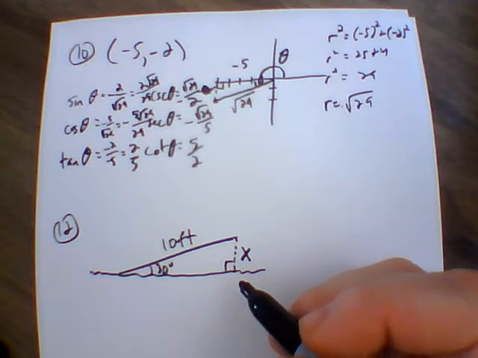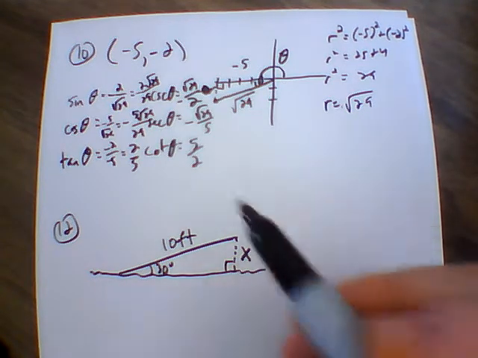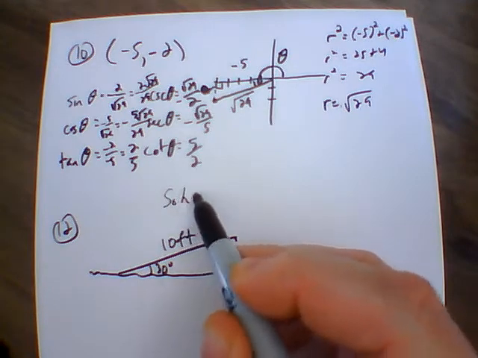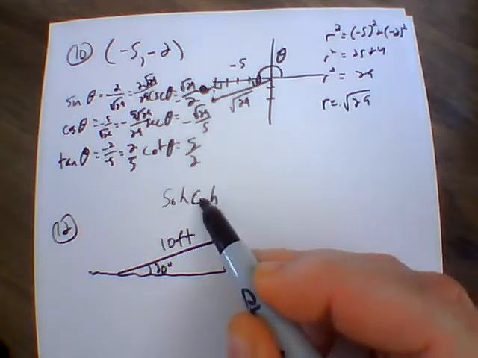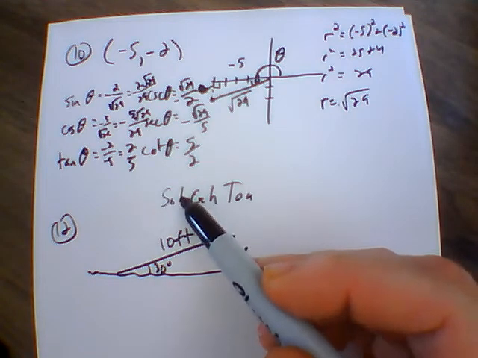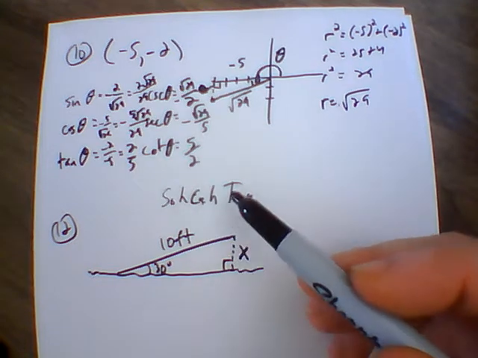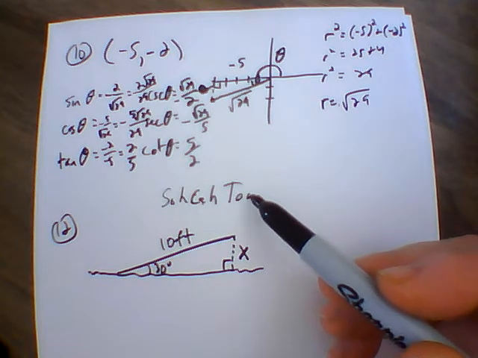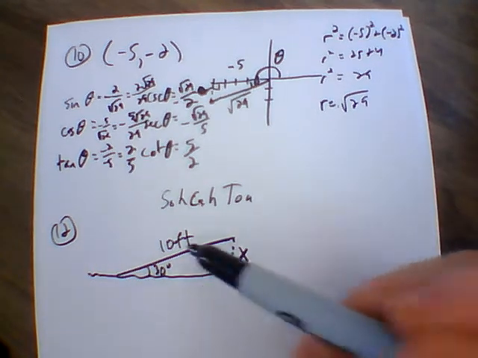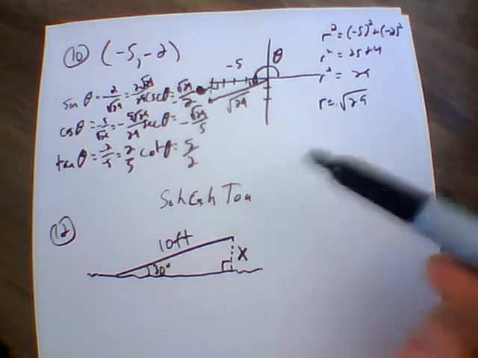So if we notice, we have a nice simple triangle. If we have a triangle, we can relate back to our SOHCAHTOA. Once again, sine is opposite over hypotenuse. Cosine is adjacent over hypotenuse. Tangent is opposite over adjacent. So if we look at this, we have the hypotenuse and we're trying to find the opposite side of our angle.